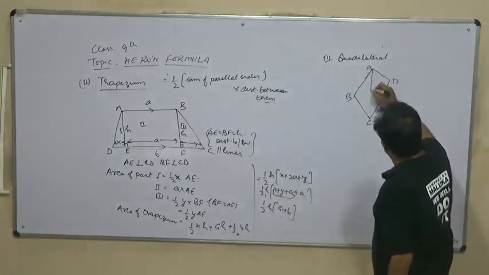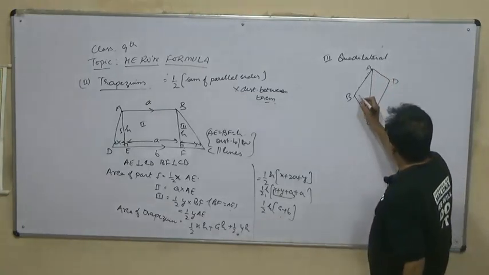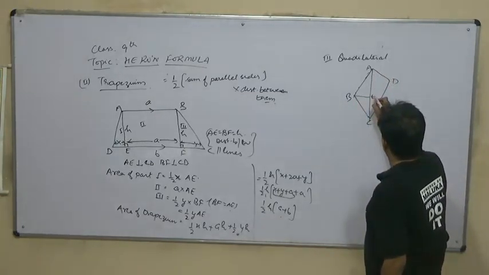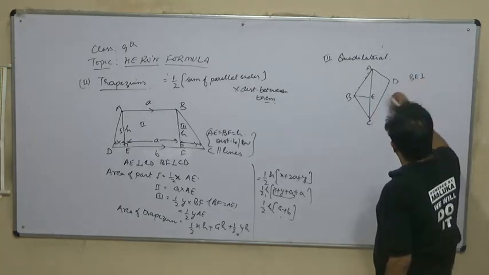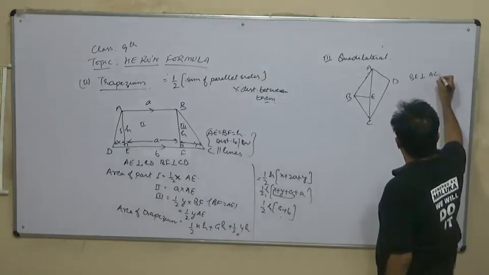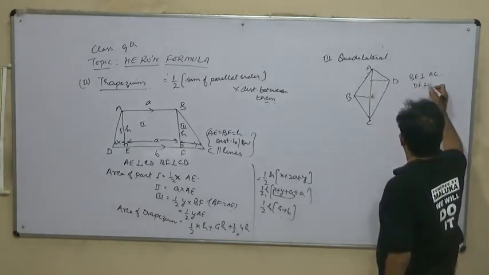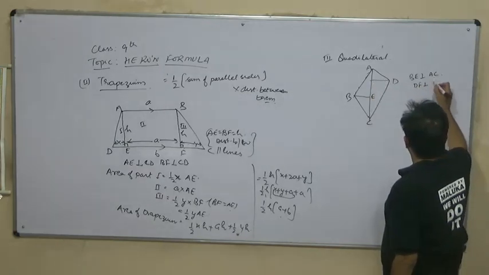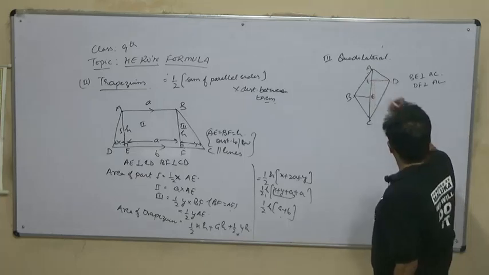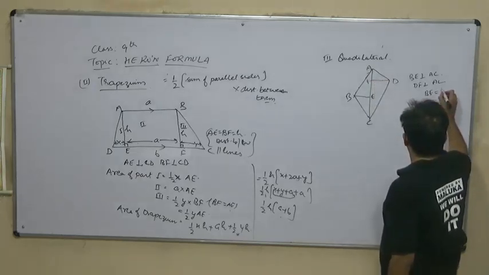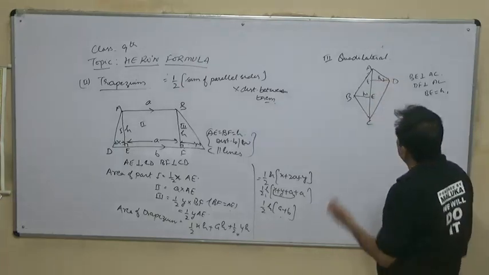Join diagonal A to C, and draw perpendiculars BE perpendicular to AC and DF perpendicular to AC. Let us assume BE is H1 and DF is H2.